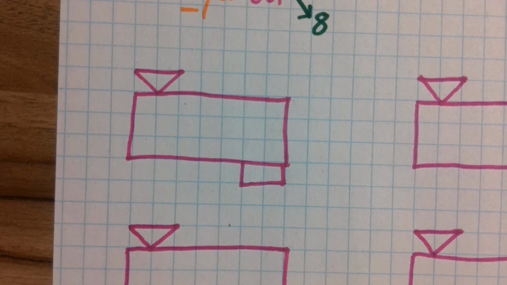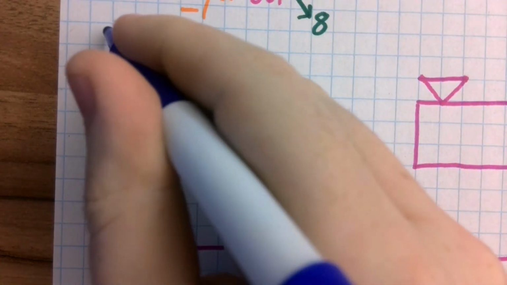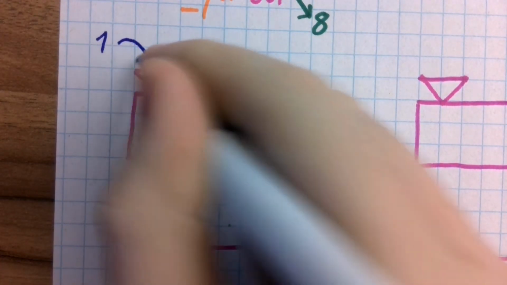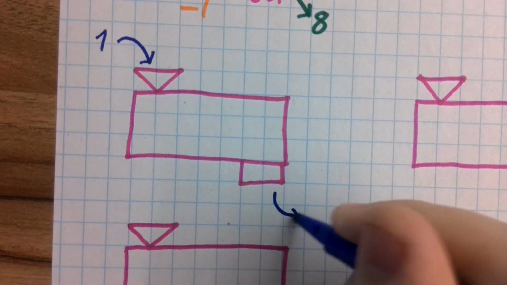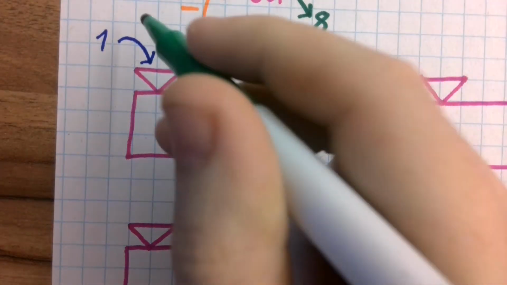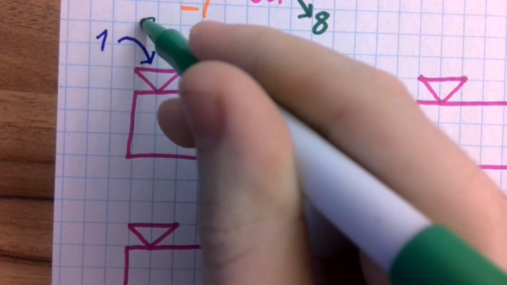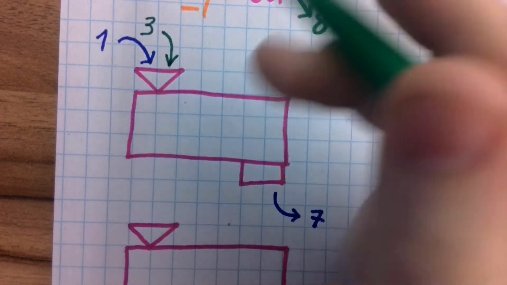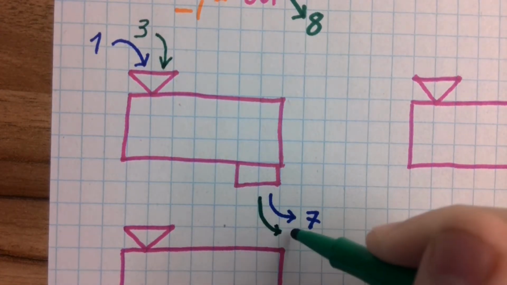This one's going to be a little bit trickier. If I plug in the number 1, I get out the number 7. Okay? If I plug in the number 3, I get out the number 7.